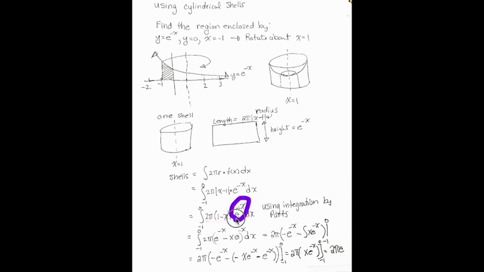and then here's our height. So when we take 2 pi and multiply it by both of these, I actually integrated this part while I was distributing because this part's easy. The antiderivative of e to the negative x is e to the negative x divided by the derivative of negative x, which is -1.